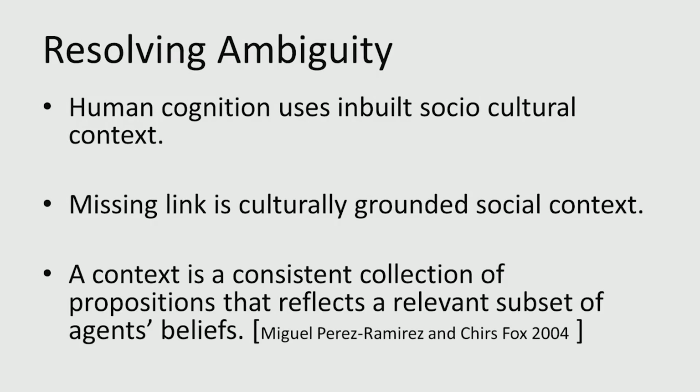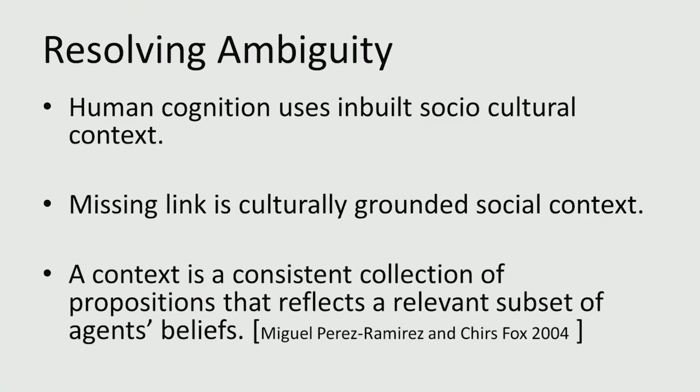Now, first we need to model social context and train machines with that. That will give us a breakthrough for modeling culturally grounded social contexts as well. That will establish the link between structure of sentence and the context, and then probably machines will be able to figure out these ambiguities. You can see a context is a consistent collection of possibilities that reflects a relevant subset of agent's belief.